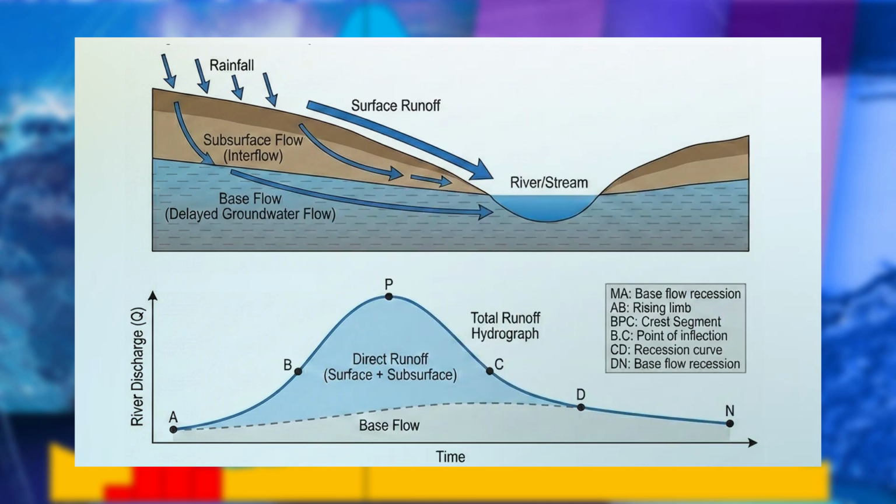All these factors control how the catchment responds to rainfall and how water flows out of it, which is shown by the hydrograph. A hydrograph therefore represents the combined effect of physical, geomorphic and climatic characteristics of the basin on the rainfall runoff process. Runoff consists of surface runoff, subsurface runoff and delayed groundwater flow known as base flow.